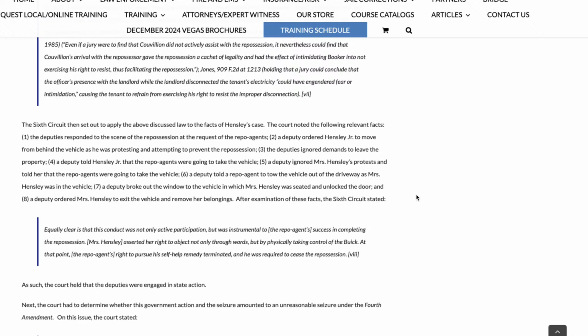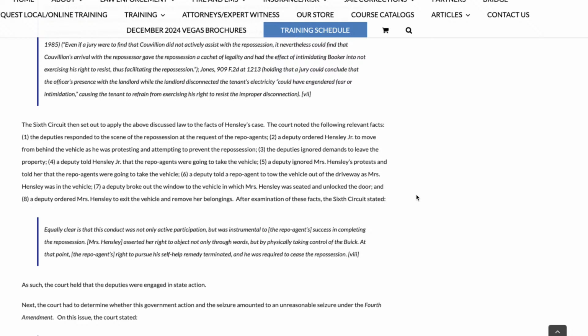A deputy told Hensley Jr. that the repo agents were going to take the vehicle. A deputy ignored Miss Hensley's protest and told her that the repo agents were going to take the vehicle. A deputy told repo agents to tow the vehicle out of the driveway as Miss Hensley was in the vehicle. A deputy broke out the window to the vehicle in which Miss Hensley was seated and unlocked the door. A deputy ordered Miss Hensley to exit the vehicle and remove her belongings.